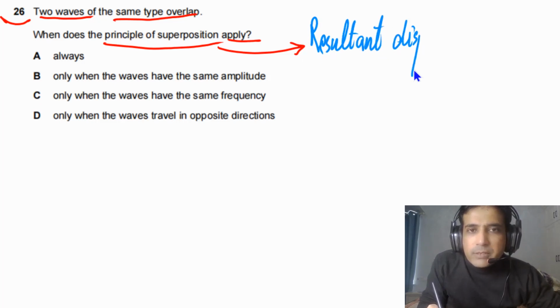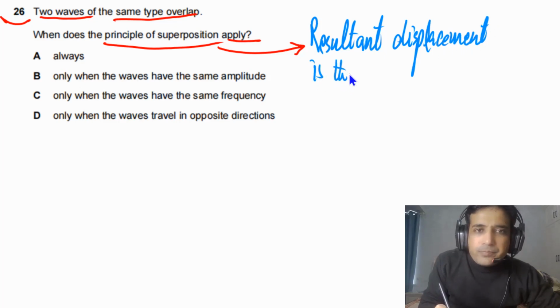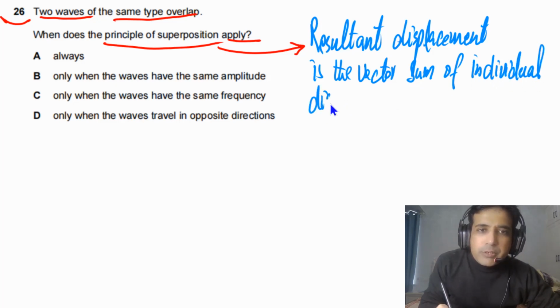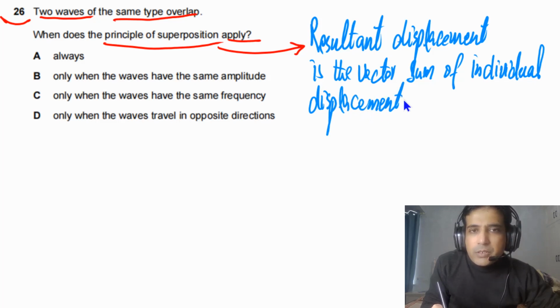So simply, the resultant displacement is the vector sum of individual displacements of overlapping waves.